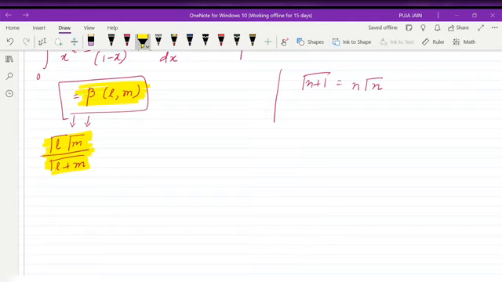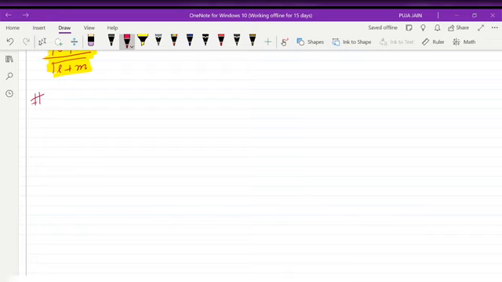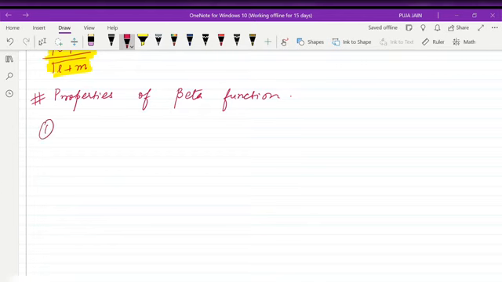Just know the result that beta L comma m is equal to gamma L gamma m by gamma L plus m. The important thing is that we need to know the properties of beta function. The first property is beta of L comma m is equal to beta of m comma L.